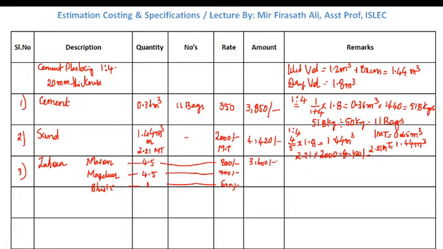Similarly, 700 into 4.5, 3,150. This is 1 into 600, the total is around 600 rupees. Okay, and if we sum it, what is the total sum of this?